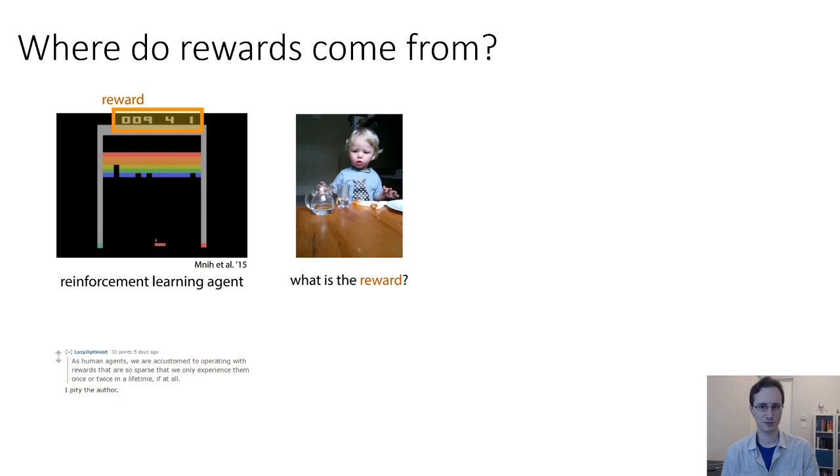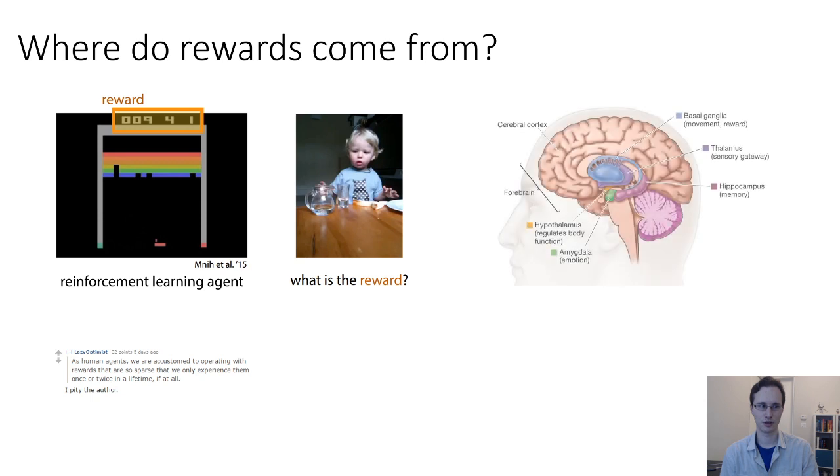But while somewhat tragic, this statement does reflect a lot of tasks that we really do have to solve in the real world. Those of you that are taking this class now, one might say that you're taking this class because you will receive some delayed reward later down the line when you graduate with a degree in computer science. But you can't possibly have learned to receive degrees in computer science from trial and error, because that's probably only something you're going to do once in your lifetime.